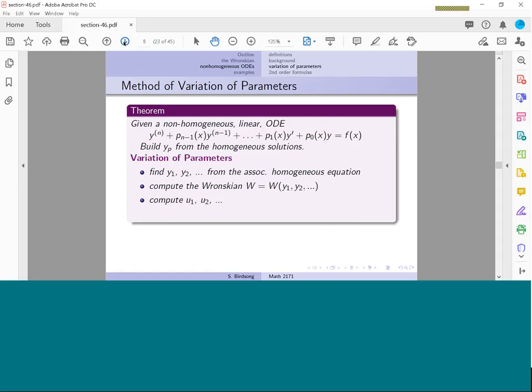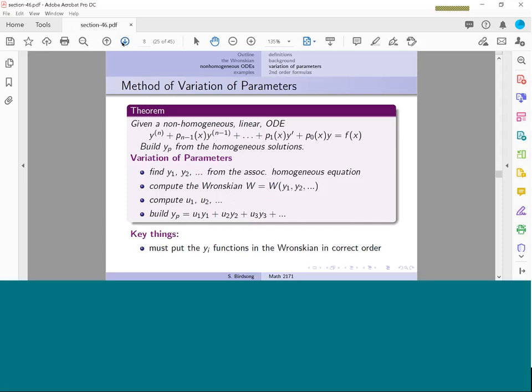The formula will be specific to order 2 differential equations. And then we're going to go ahead and build our particular solution. Now, everything listed in those four bullet points works regardless of the order of your differential equation. You could have a 10th derivative involved, and this method would still work. The only hang-up right now, if you haven't had linear algebra, is that you don't have the math yet to compute those, just because the formula gets bigger.